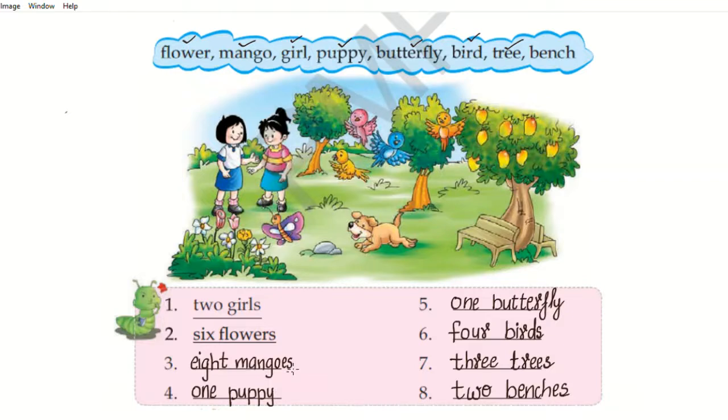For plural, you have used either S or ES, and you have seen in few of the words you have used ES, like in mangoes when the word ends at letter O, you added ES, and to the word bench, the word ended at CH, so you used ES to make plural of the word bench, benches.